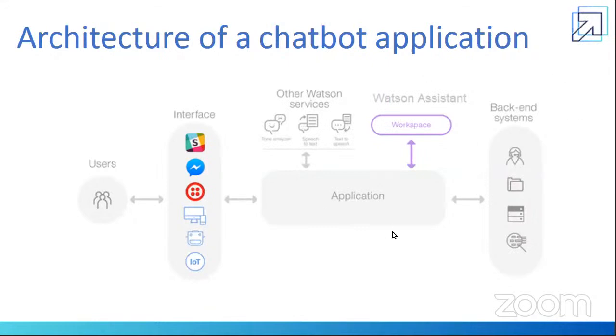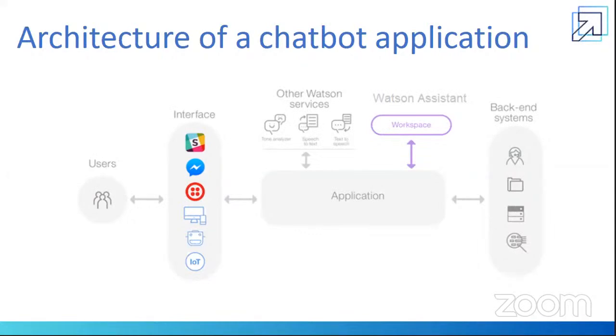And then the bot response will again be sent to the user. If you want to grab any other sort of information, then your application can be integrated with backend systems.